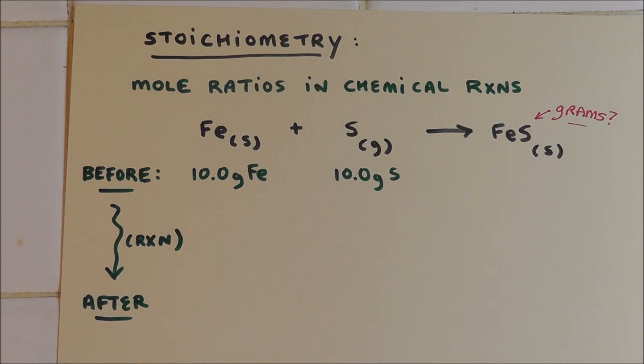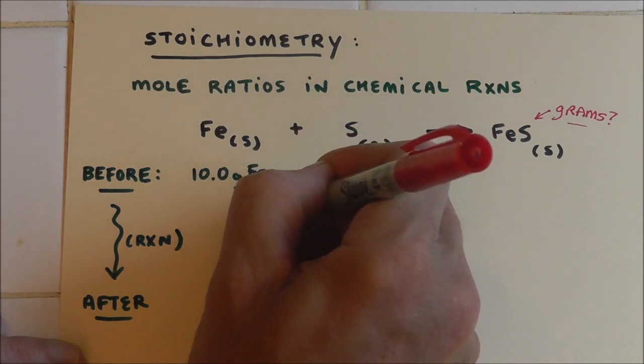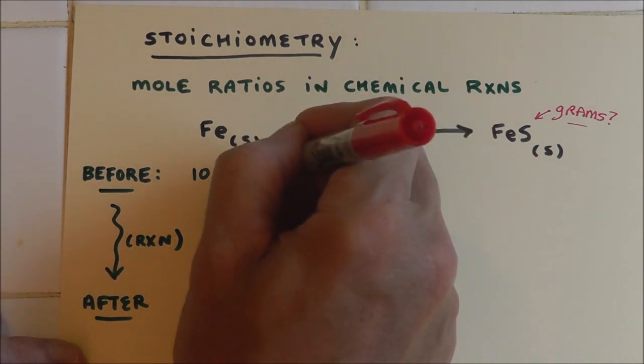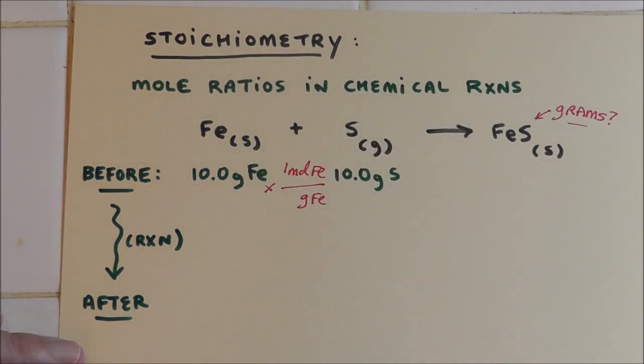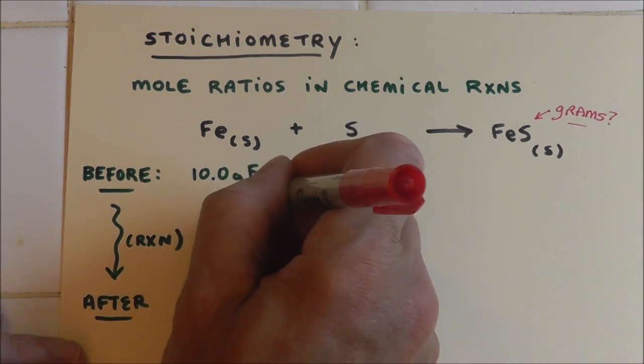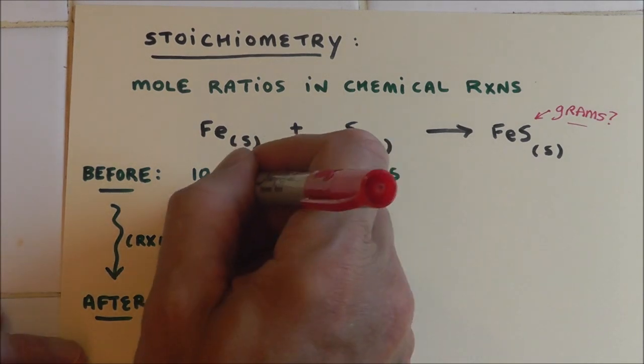So to solve this problem, I'm going to take my friend the periodic table and convert from grams of iron into moles. The periodic table tells us that in 1 mole of iron, there is 55.85 grams of iron.